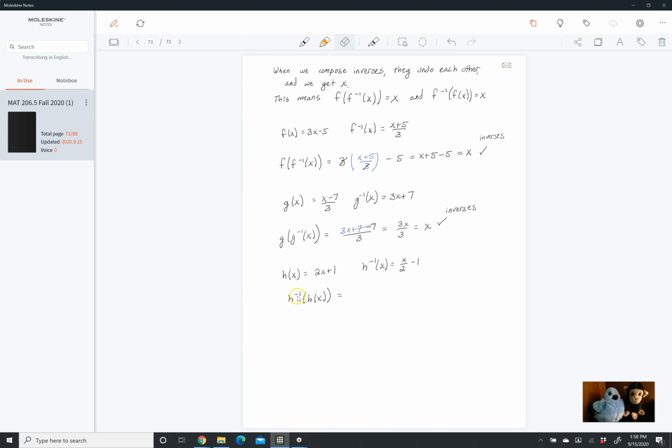Actually I won't do it the other way. I'll do it as the h of h inverse, just because the algebra is a little bit simpler. And I want you to see it easily. So let's do h of h inverse of x. But it doesn't matter which order you do it in.